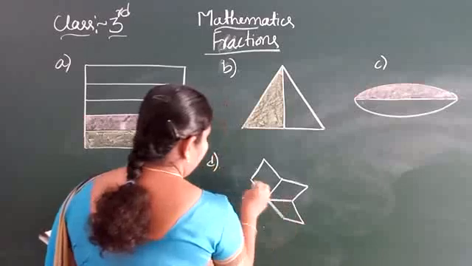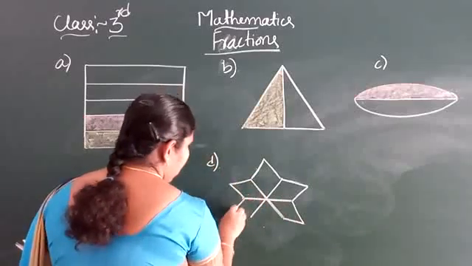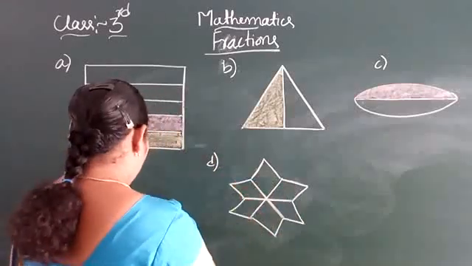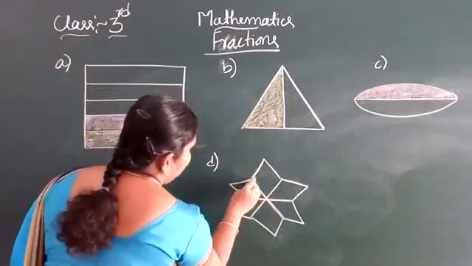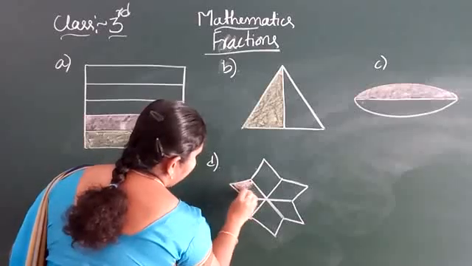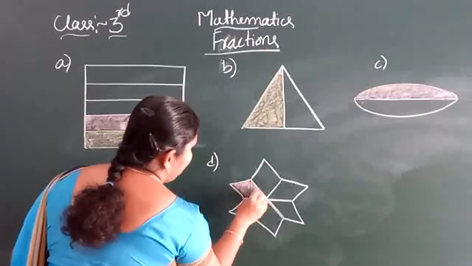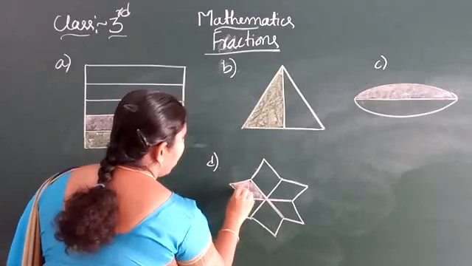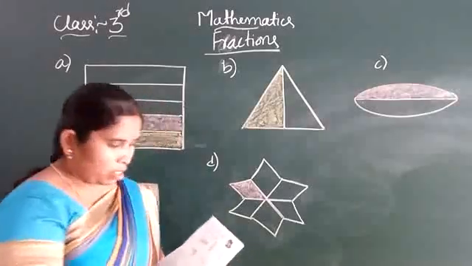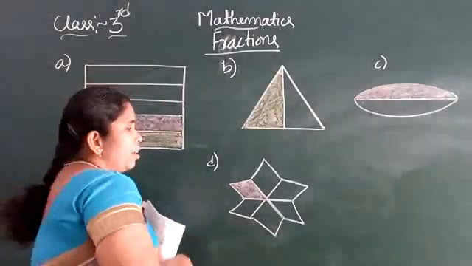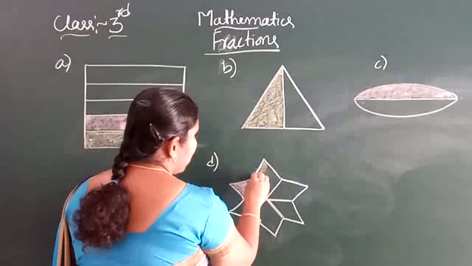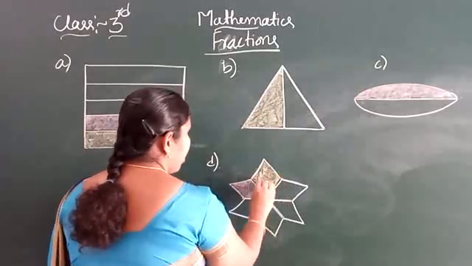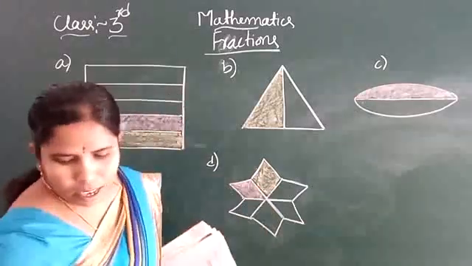It's very easy to write. Okay, so we are shading this. Shade. See, first observe the figure. Here we can divide the whole part into how many equal parts? First observe that. Observe the figure carefully. Do you understand, students? Yes.